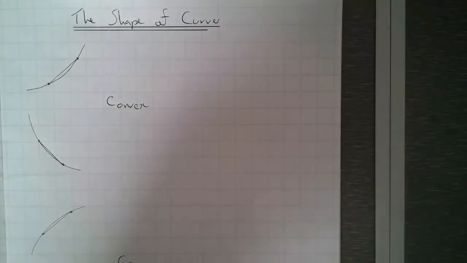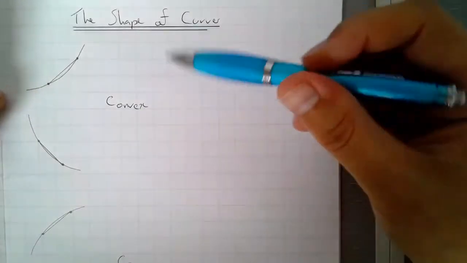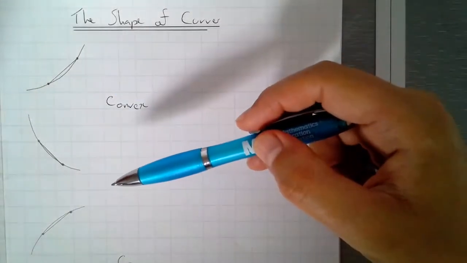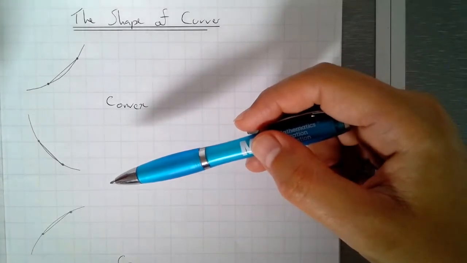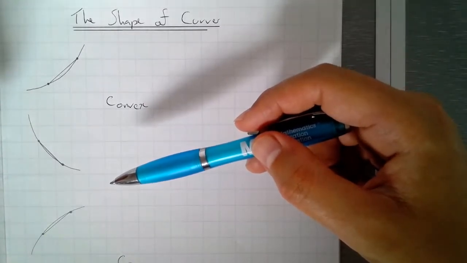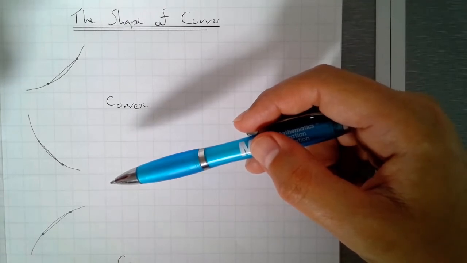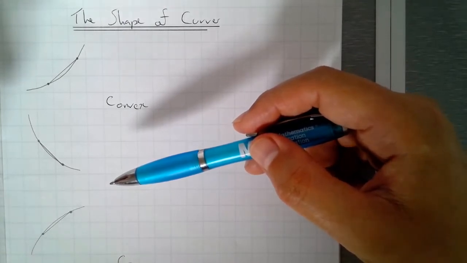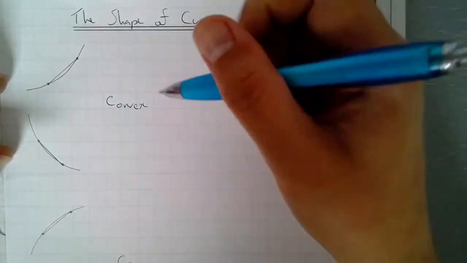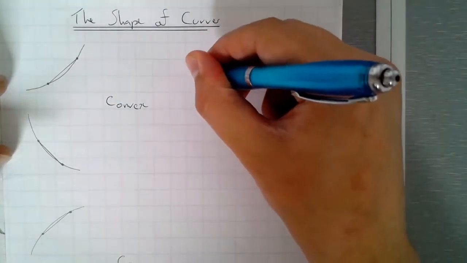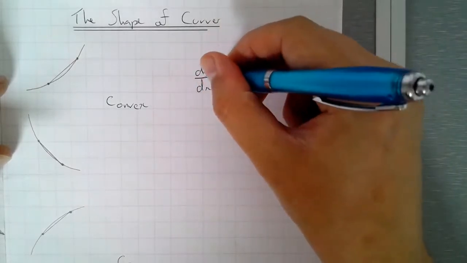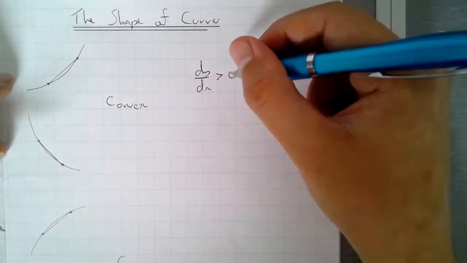One of the things we need to think about with these convex and concave ones is what the gradient's up to: is it positive or negative, and is it getting more positive or more negative. For the first one here, the gradient is positive everywhere, so we can say dy/dx is greater than 0.